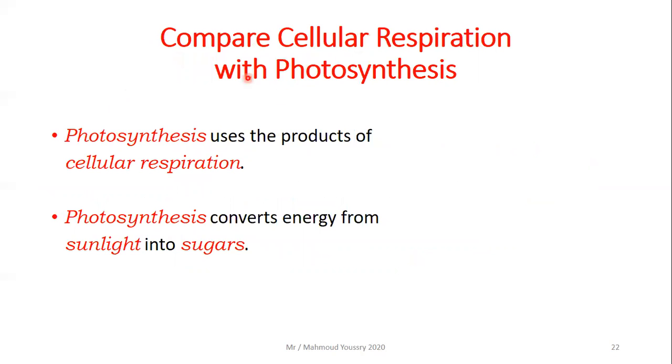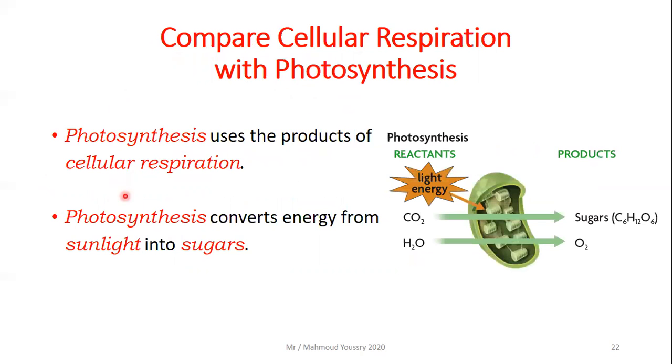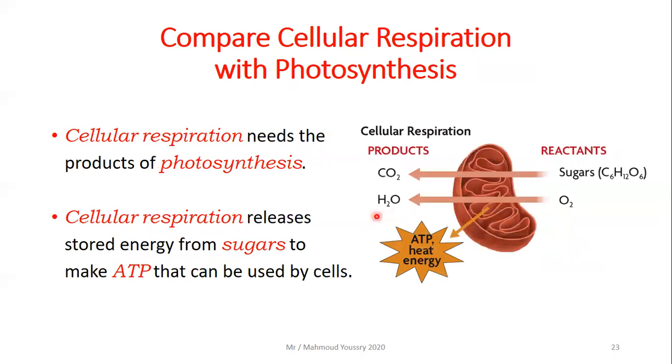Compare cellular respiration to photosynthesis. I need you to look at this picture. Photosynthesis uses the products of cellular respiration. Photosynthesis converts the energy from sunlight into sugars. Look at the reactants, carbon dioxide and water, plus energy from sunlight. The products are sugar, the glucose, and oxygen. Now look at cellular respiration. It needs the products of photosynthesis.